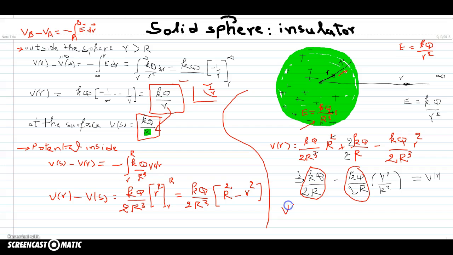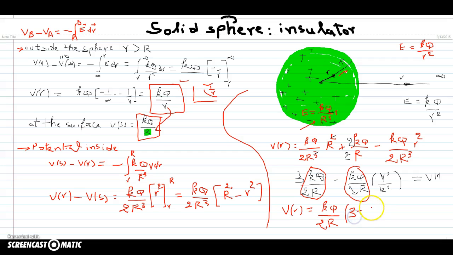So V of r is equal to KQ over 2R, and then I have 3 minus r squared over large R squared.